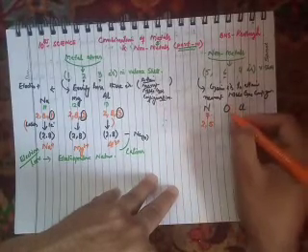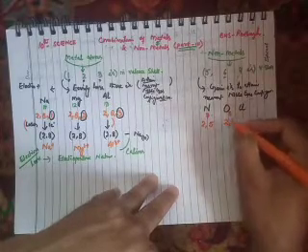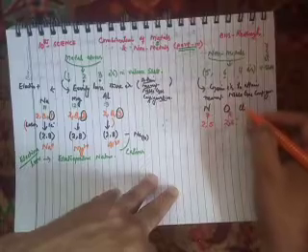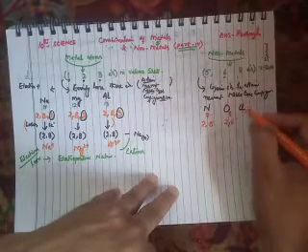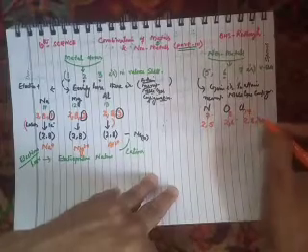Oxygen has atomic number 8 and electronic configuration 2 and 6. Dear students, this is chlorine, its atomic number is 17 and its configuration is 2, 8 and 7.